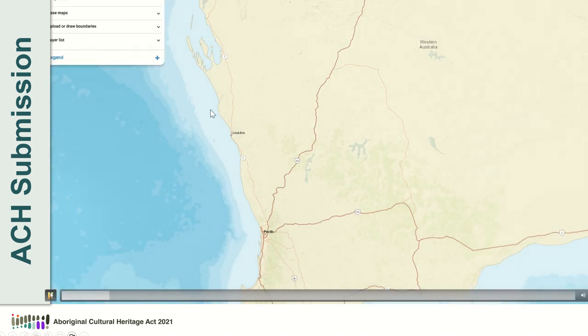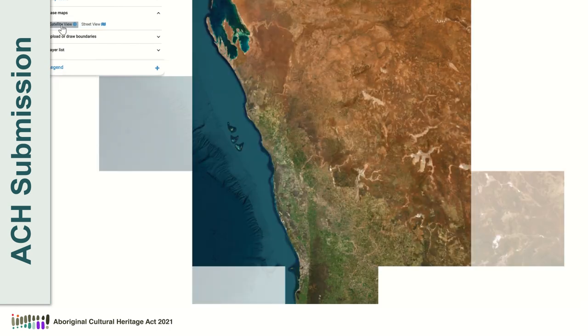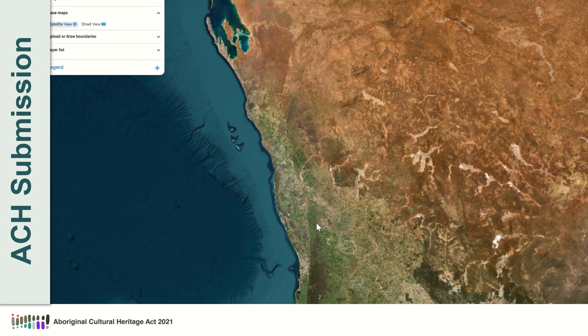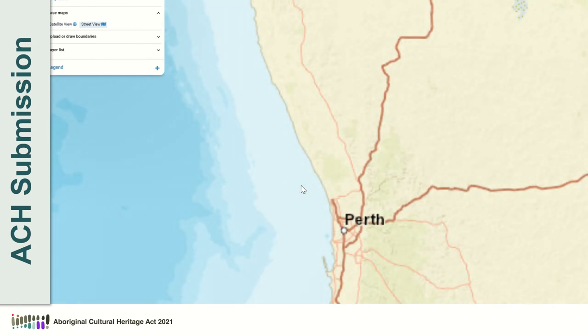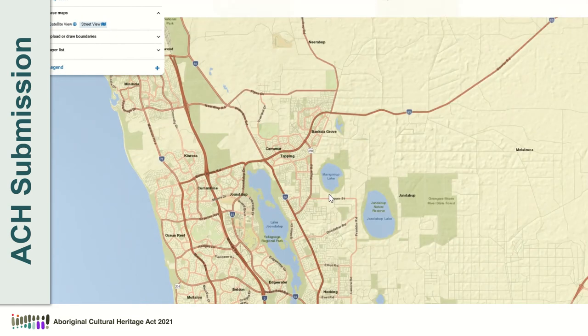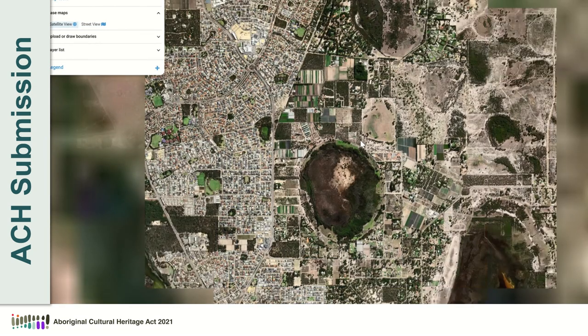And here you'll need to provide a detailed description of the area where that ACH place applies to, and you can use the map tool to enter into those details of where that place exists. You can also attach a shapefile. So you can zoom in on the area that you're wanting to report on.